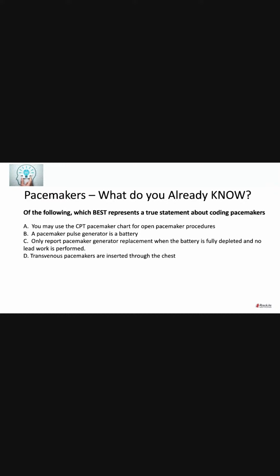B, a pacemaker pulse generator is a battery. C, only report pacemaker generator replacement when the battery is fully depleted and no lead work is performed. D, transvenous pacemakers are inserted through the chest. What say you? Go ahead, type your answers in the chat.